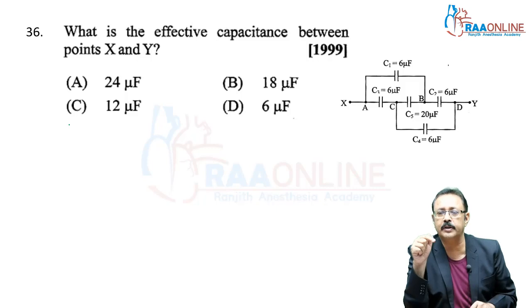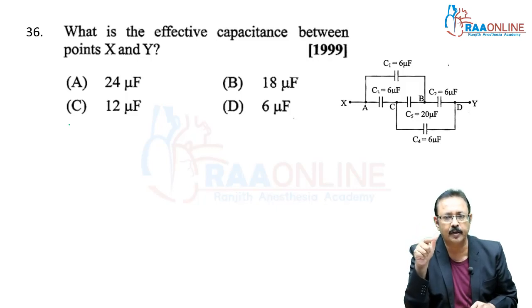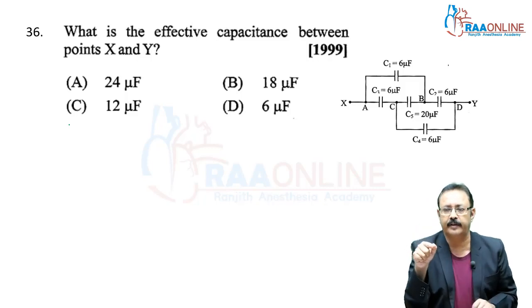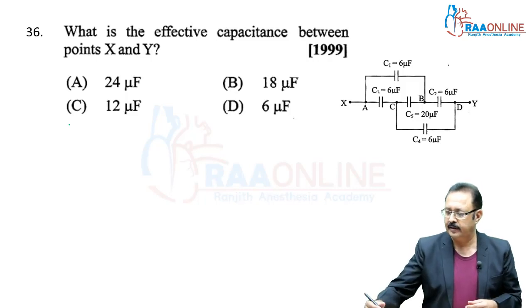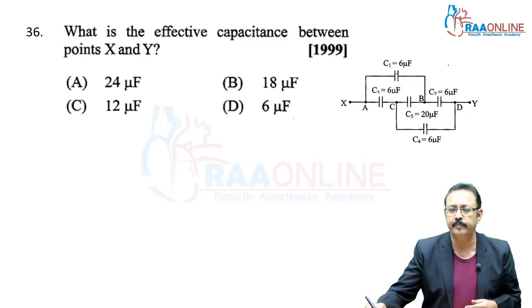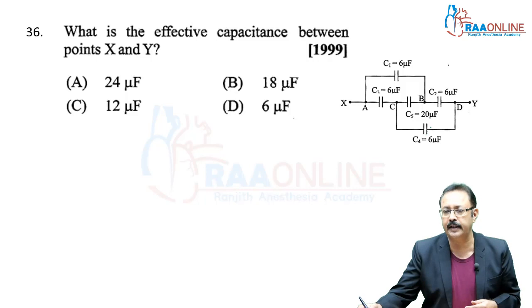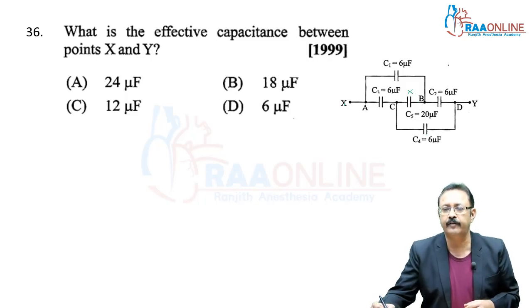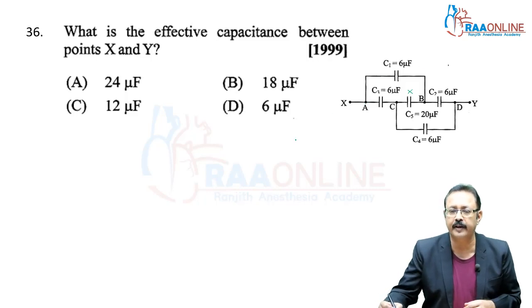If P upon Q is equal to R upon S, there is no need to consider the middle one. Same, 6 upon 6 is the same, so no need to take this. Current will come from X and divide into 2 branches.